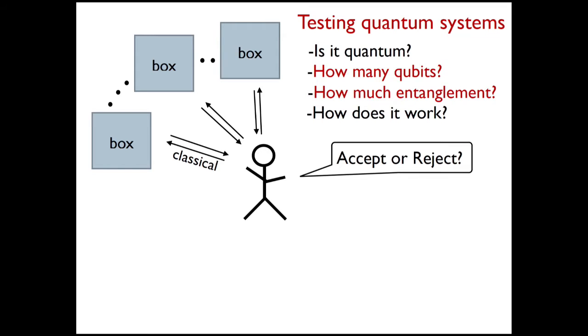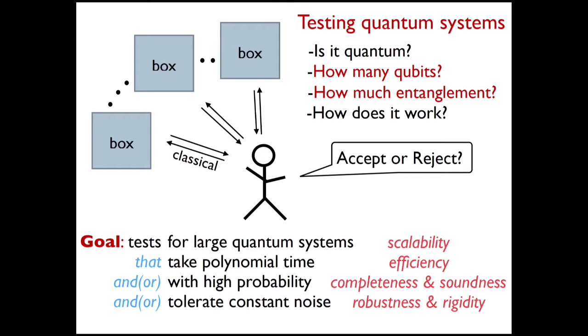In fact, device-independent cryptography is one of our primary motivations. So regardless of purpose, what we want is a test that runs in polynomial time, which can apply to large-scale quantum systems. Also, it should output the right answer with high probability. It would also be nice to tolerate constant noise, because we really want to implement it in practice.